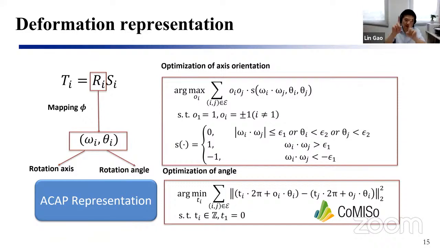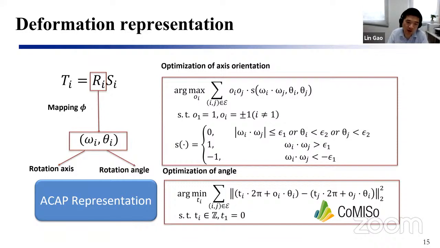So the angle between the rotation axes should be small. So here we use this formulation to make the rotation axes as consistent as possible, making the difference between them as small as possible.